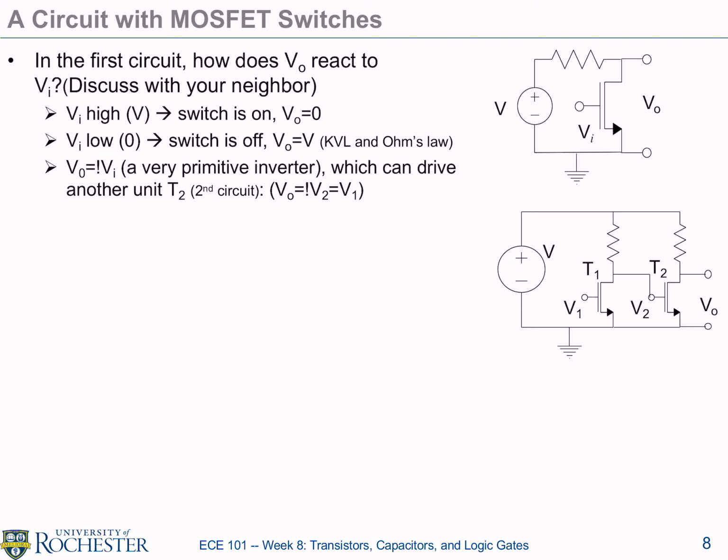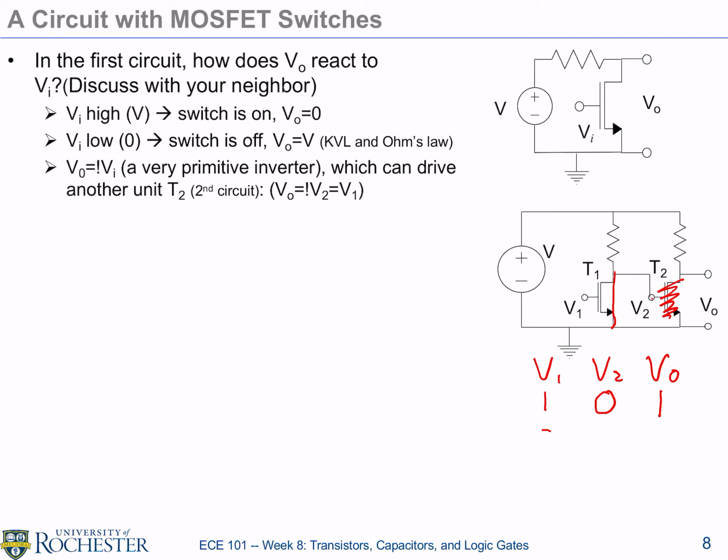You can try this out. It's not very difficult, really exactly the same process. When V1 is high, this is a short circuit, so V2 is going to be 0, low. Therefore, this doesn't exist, so V out is going to be high again.